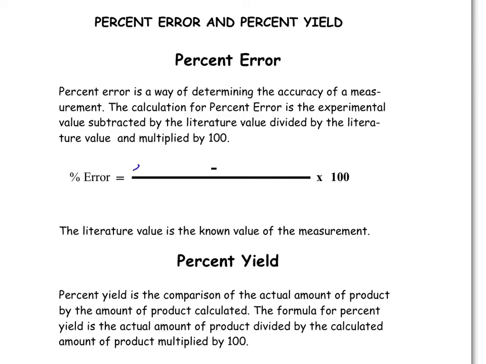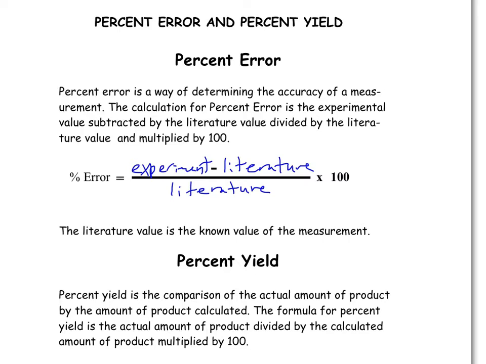So we have our experimental value minus the literature or the given value, what you were supposed to get, over the expected, over the literature. Whichever terms you like best for this relationship, you can place them in there. Times 100 because it is a percent calculation.